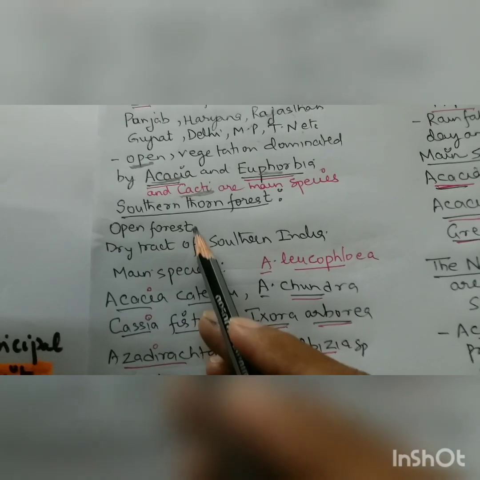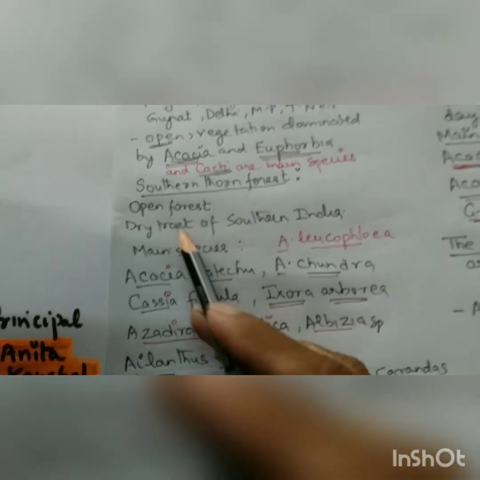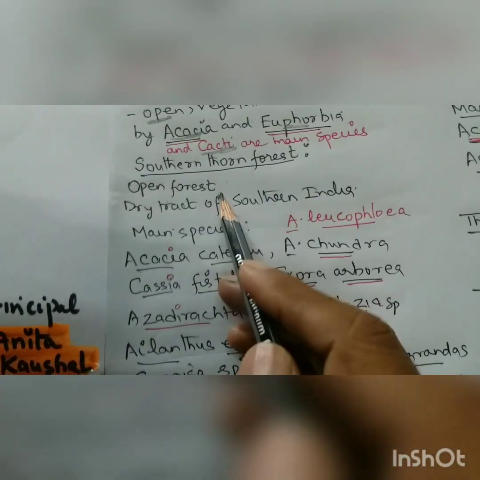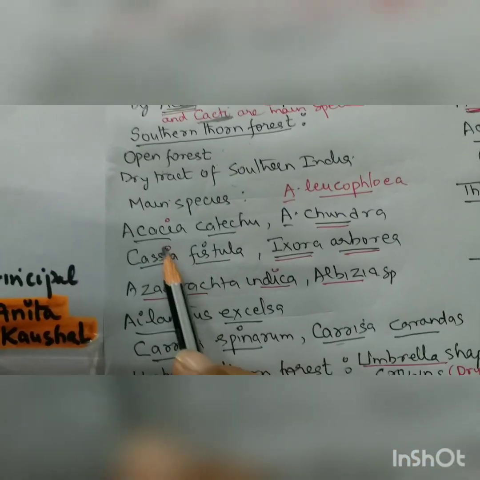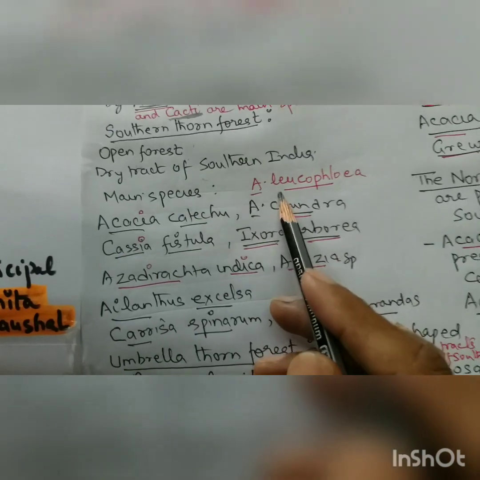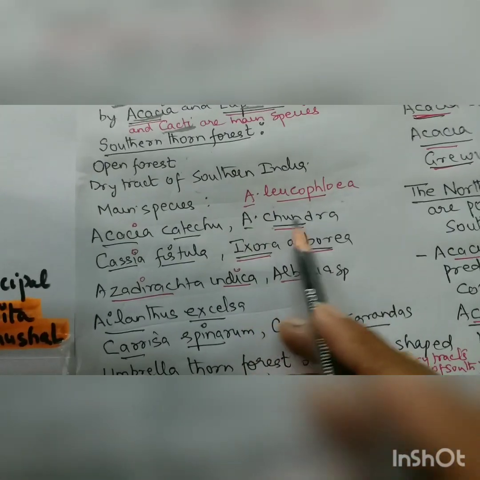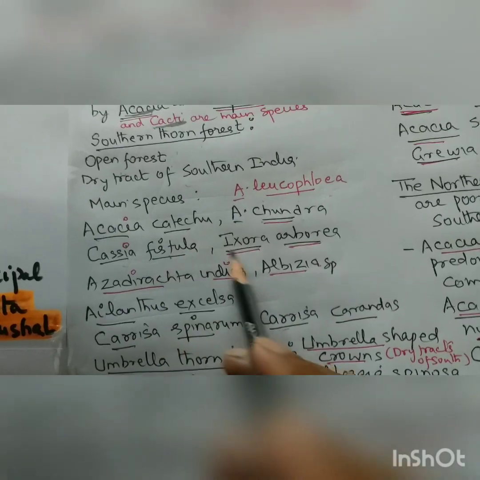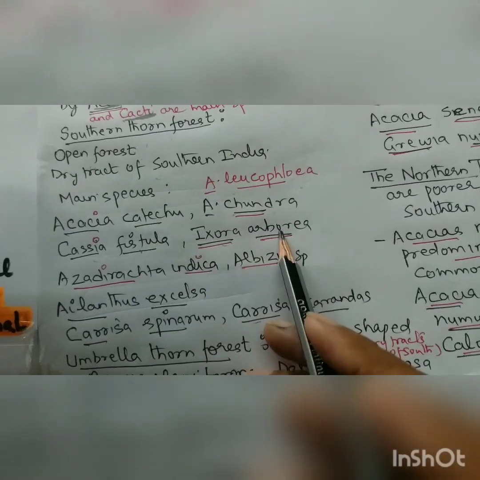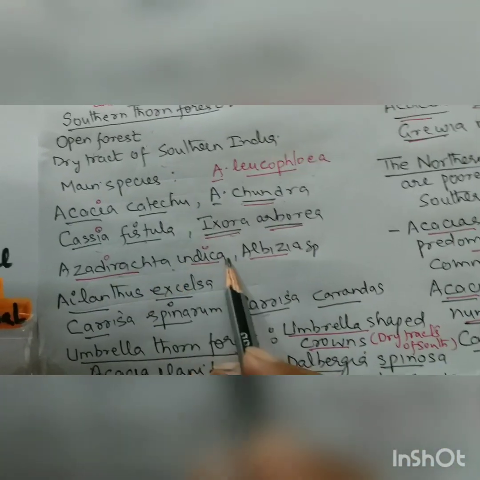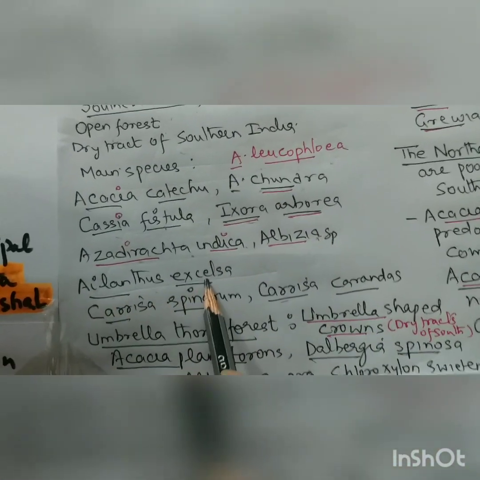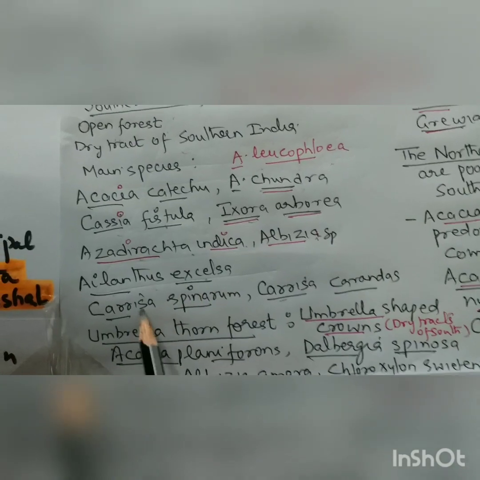The first type we will do is the southern thorn forest. It is also present in the dry tract of southern India, open forest, and the main species are Acacia catechu, Acacia leucophloea, Acacia chundra, Cassia fistula. We know all these species. Ixora arborea, Azadirachta indica, neem, Albizia, Ailanthus excelsa, right?